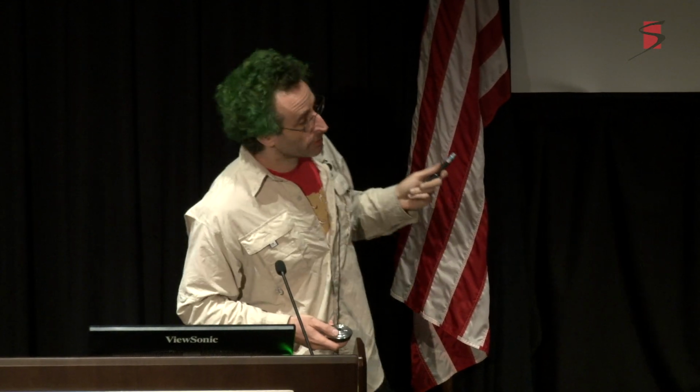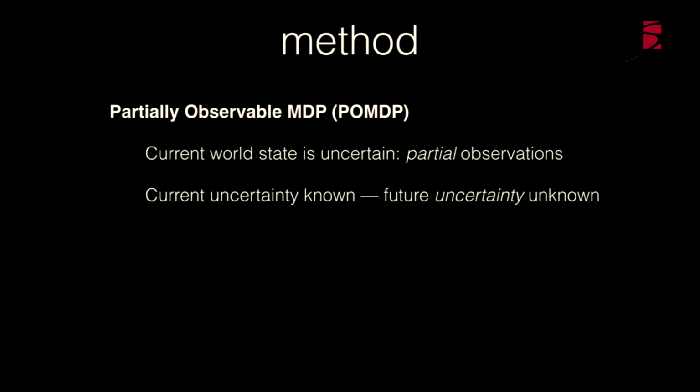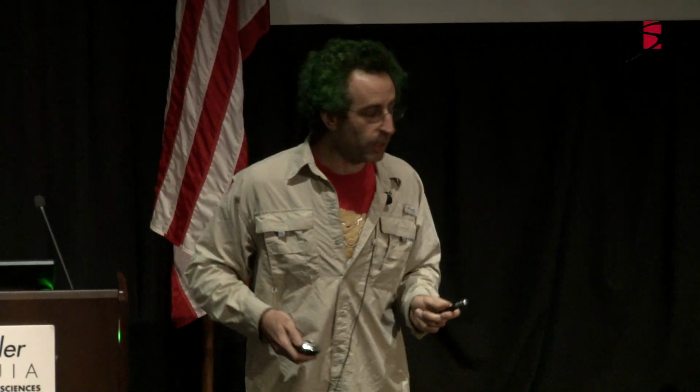A small modification that actually makes things really hard is a partially observable Markov decision process. So here, the current world state is now uncertain. Before you didn't know the future, now you don't even know the present, okay? So you get partial observations about things. And so, weak sensory evidence, you don't get to measure everything, et cetera. But your current uncertainty is known. You know what you don't know. It's your future uncertainty that you don't know now. So you don't know what the future state will be, and you don't know how uncertain you'll be about it.